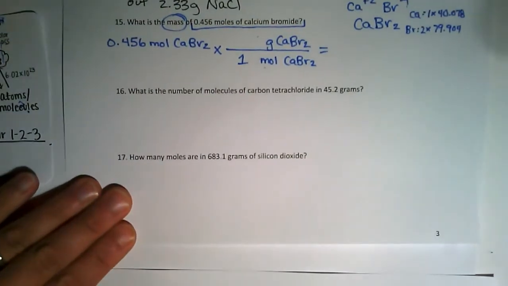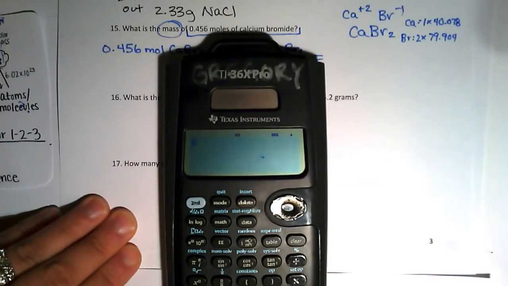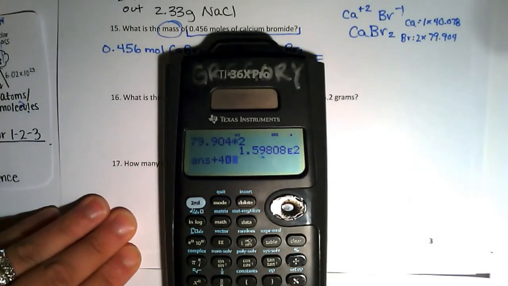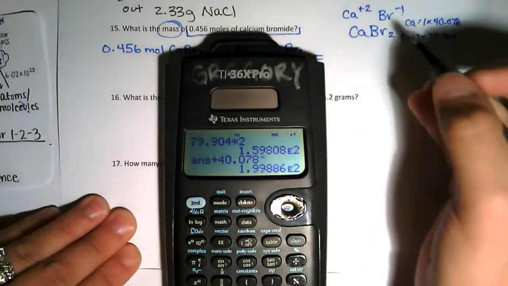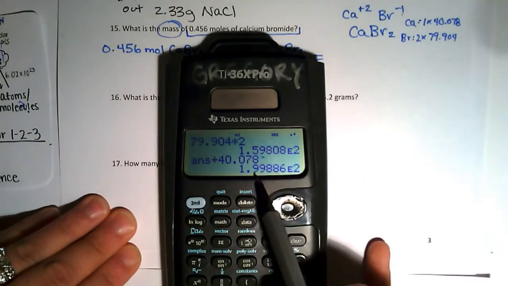So I'm going to need a calculator for this one. Let's see. So we have 79.904 times 2, and then we're going to add 40.078. So the mass of calcium bromide is 1.99 e to the second. So I move my decimal place 2 times: 199.886.